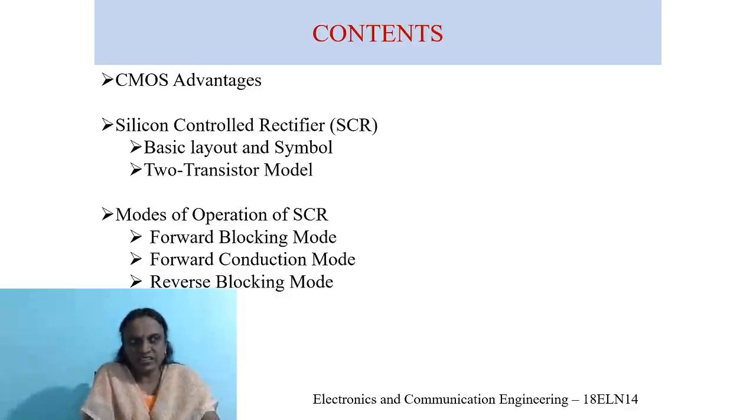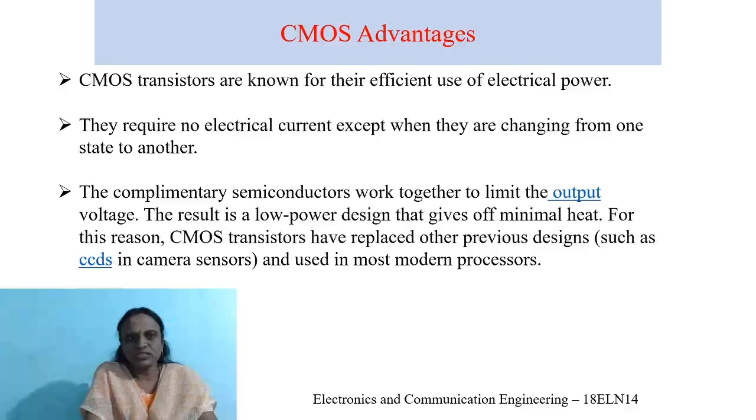We had seen all that in the last session. For more knowledge or for refreshing, you can go back to the previous session and refresh yourself on the CMOS introductory structure. Knowing the introduction of the CMOS, we are going for the advantages of the CMOS.